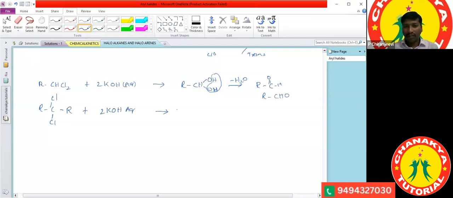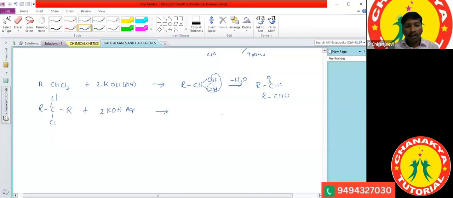Anyone of you, can you guess? Which product is going to be formed? You are telling carbonyl compound. Carbonyl compounds means aldehydes and ketones are called carbonyl compounds.